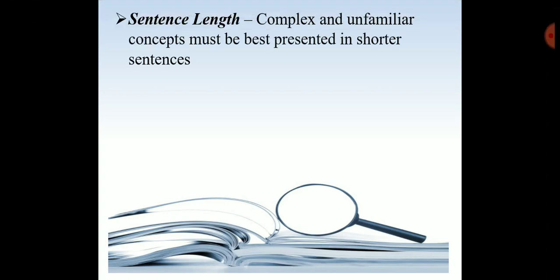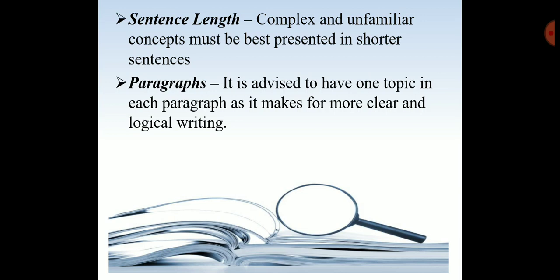Then the next element is sentence length. If there is a complex sentence, you have to cut it short and present it in a simpler manner. Then it is about paragraphs. When you're writing in paragraphs, you have to mention one topic in one paragraph. That's what ideal technical writing is about.